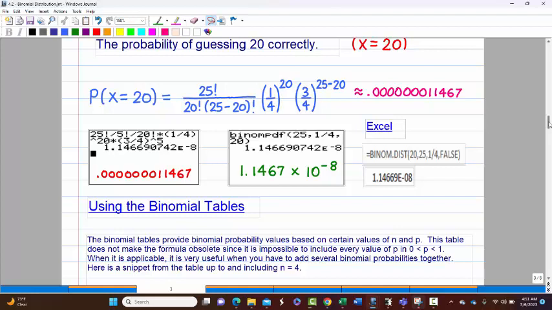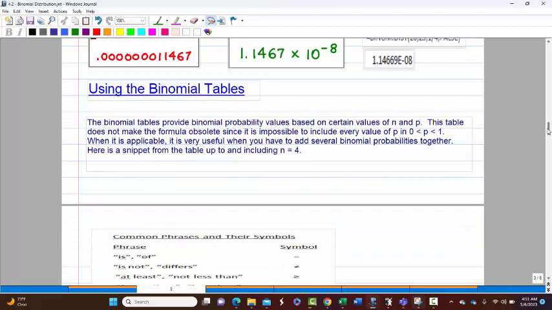Because if it's less than or equal to, it's easy because it'll be the cumulative. But if it's like greater than or equal to, it gets a little tricky. So this binomial table is going to be in D2L. It'll be in some folder there. Probably charts, in Excel, or whatever, because there's some Excel files we're going to be using in the 3rd unit, pre-programmed Excel files that I came up with.